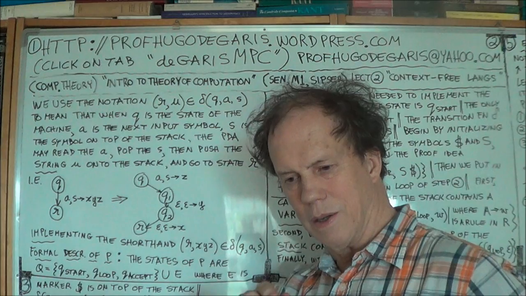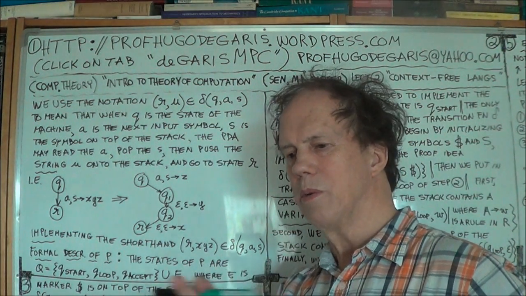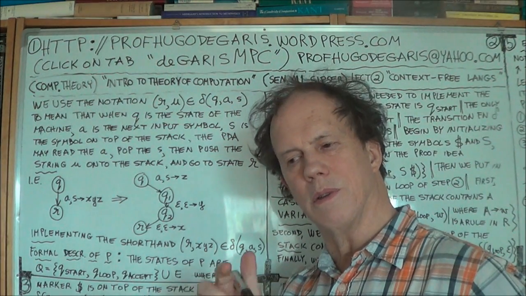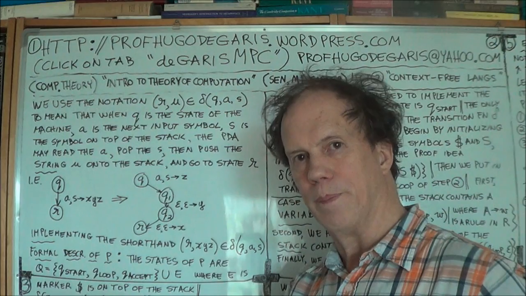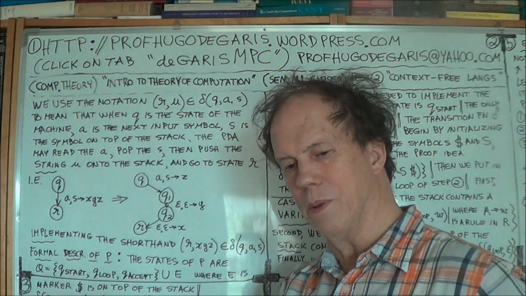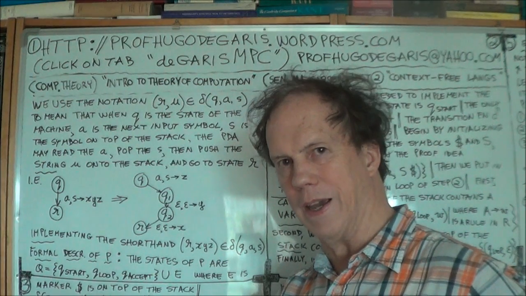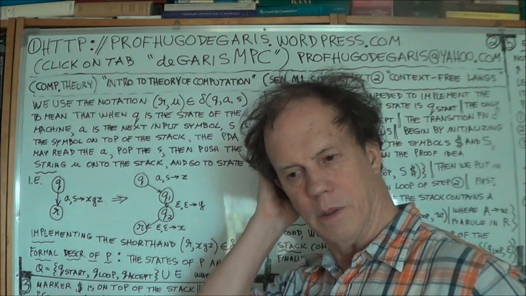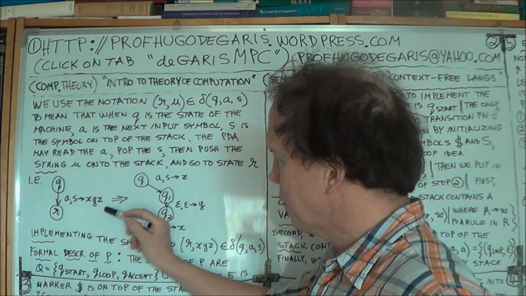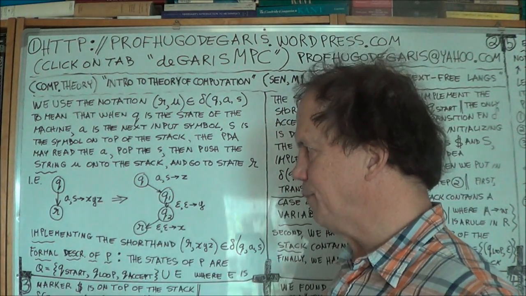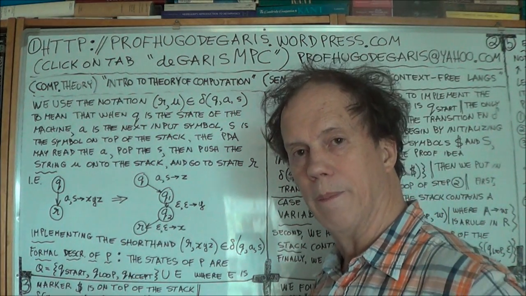They look at a variable and they replace that variable with a string, a string that's on the right-hand side of the substitution rule. And on the left-hand side is the variable that equals the variable on the stack of your PDA.